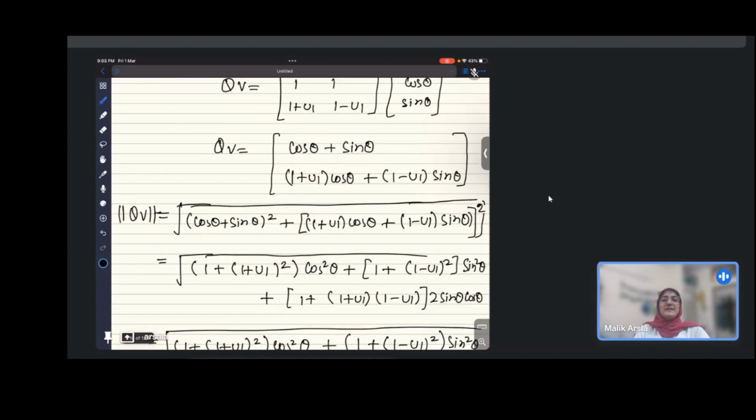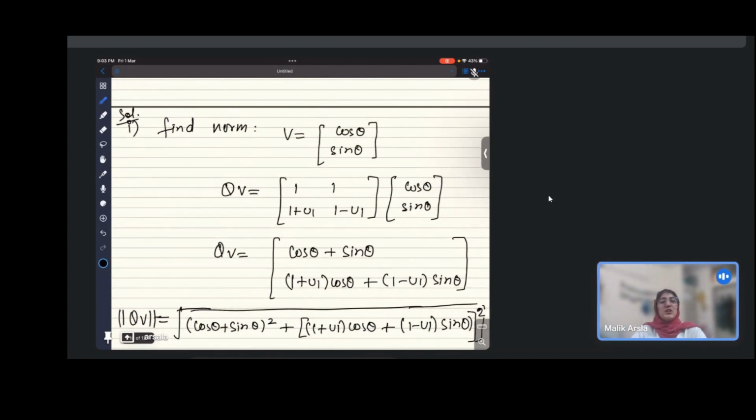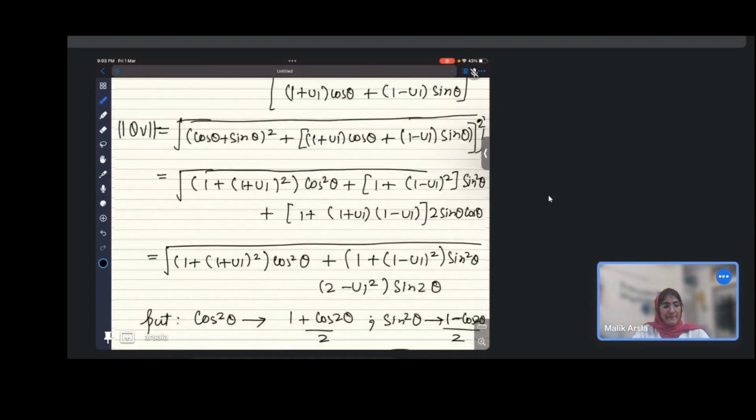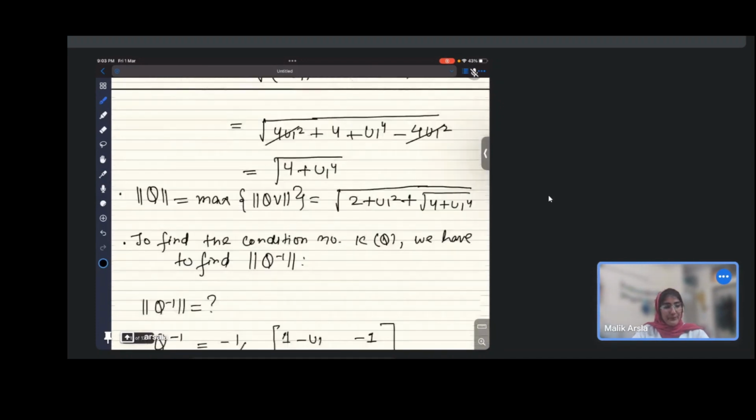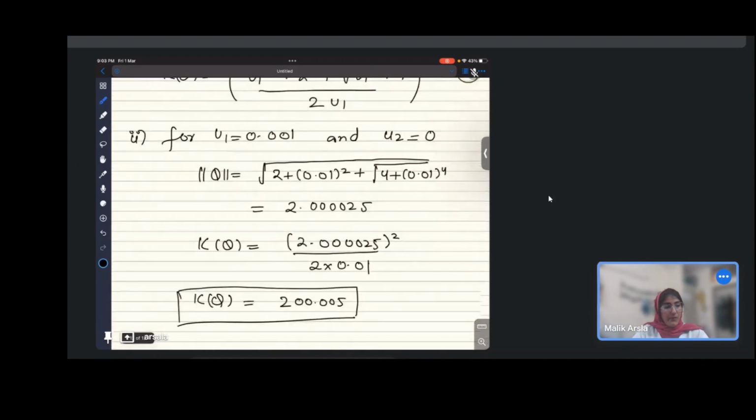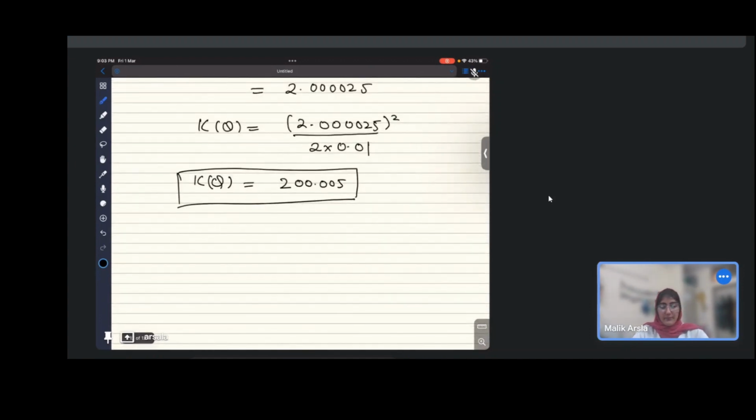We have to check the dependency of this solution on u1 and u2. So how shall we do it? Any idea? How will we do this thing?